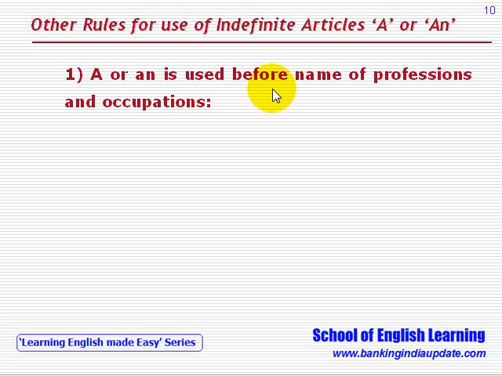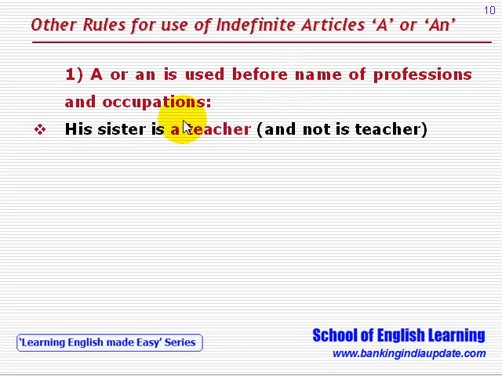Now other rules for use of indefinite article a or an. A or an is used before name of a profession or name of occupations. For example, his sister is a teacher.